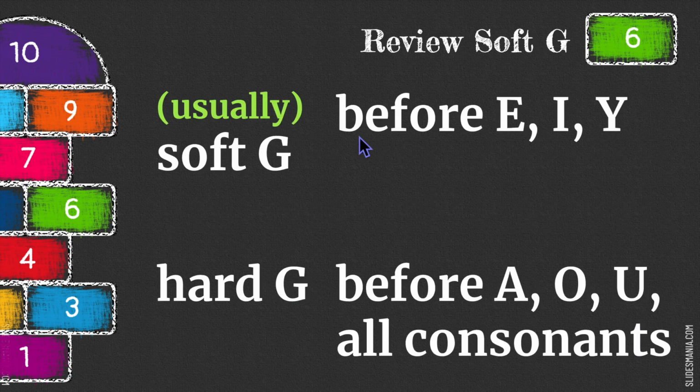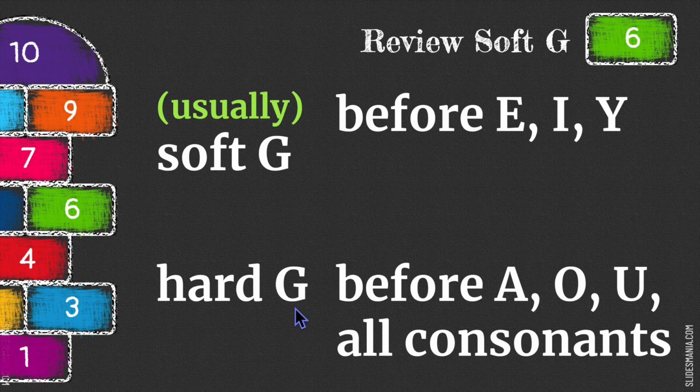Now, soft G is pretty similar to soft C, except that the soft G is not always used before an E, I, or a Y. If you have an E, I, or a Y after a G, the G usually, but does not always, use the soft sound of J. If you have a G before an A, O, U, or any consonants, it will use the hard G sound.